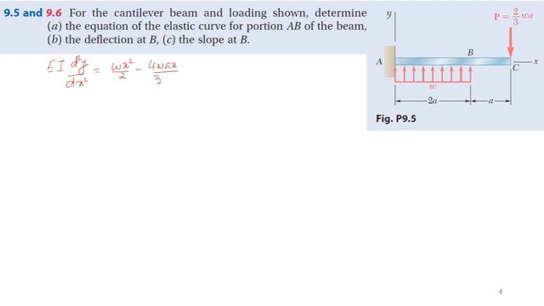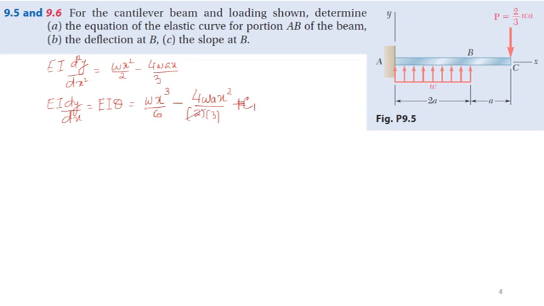Now if we integrate it, so we have EI dy by dx, which we can also write as EI theta. Integrating, this will become Wx cubed by 6 minus 2WAx squared by 3 (that is, WAx squared by 2 multiplied by 3), and we can also write plus C1 as well.